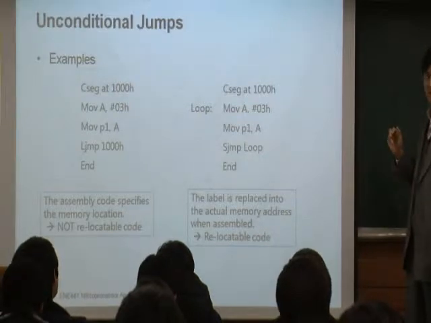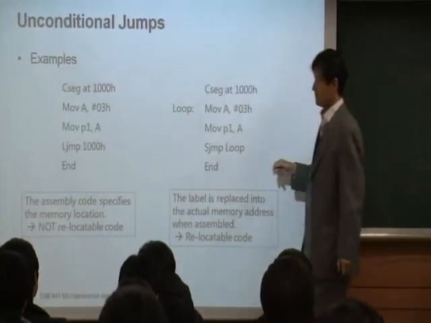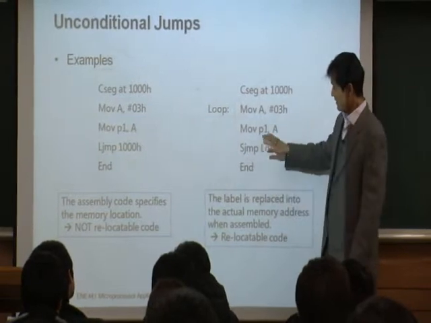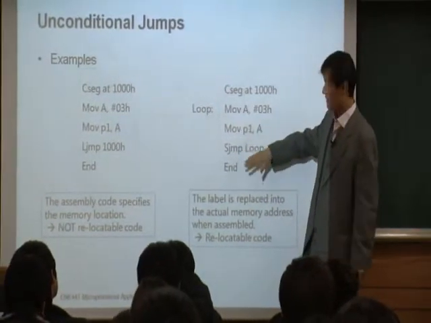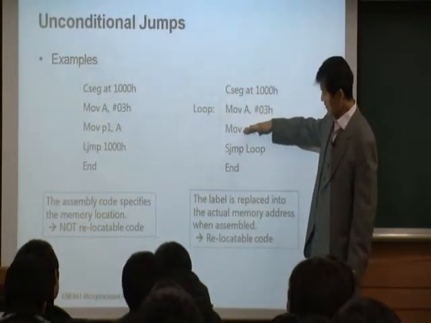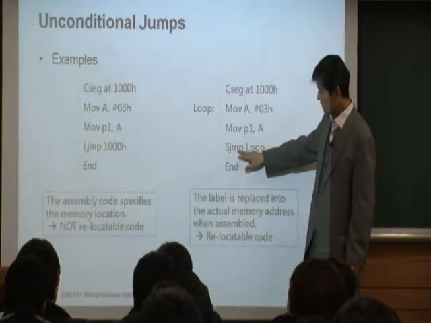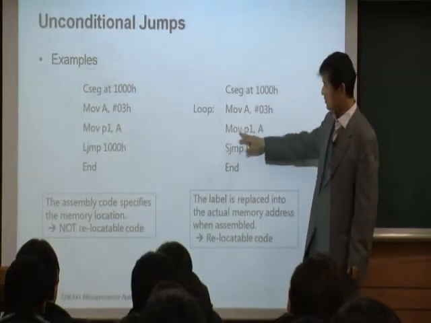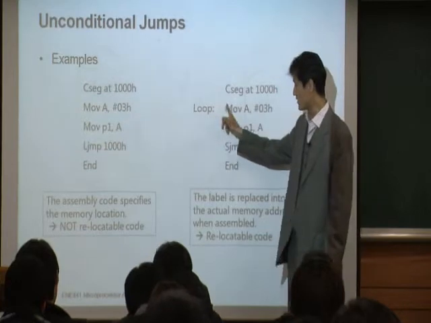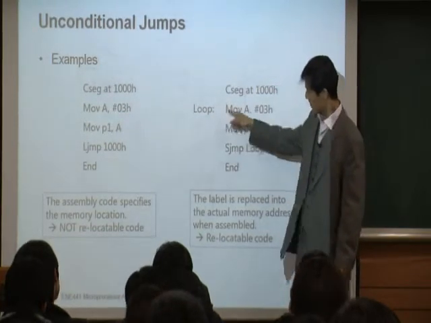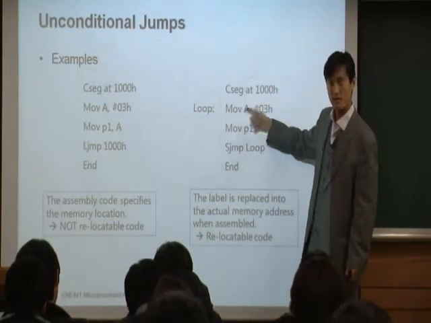Why is it the same? Let's look at this one. This one looks easier. You execute this one, and now you want to do a short jump to loop. And loop is right here. So you jump back to here, and going this way, jump again. It's like an infinite loop, right?